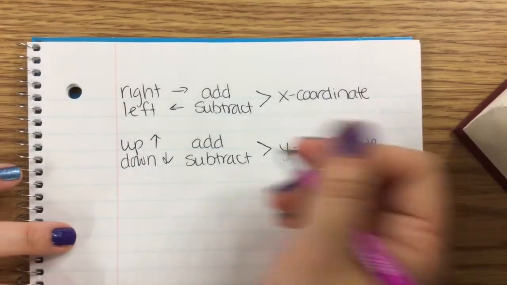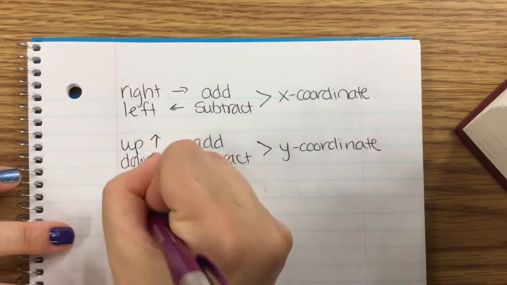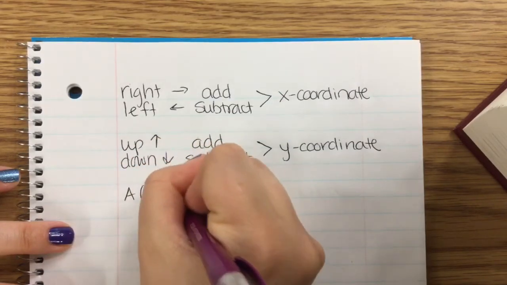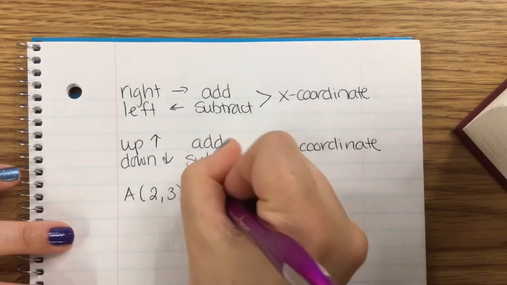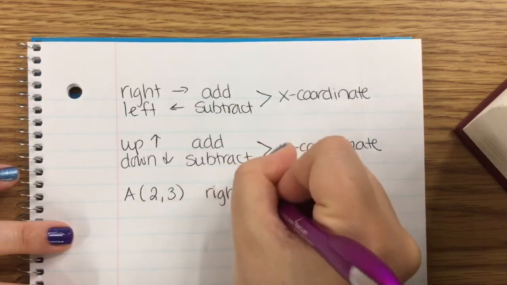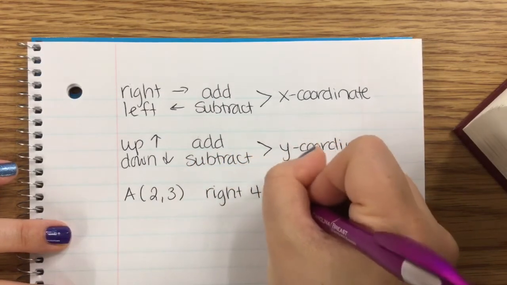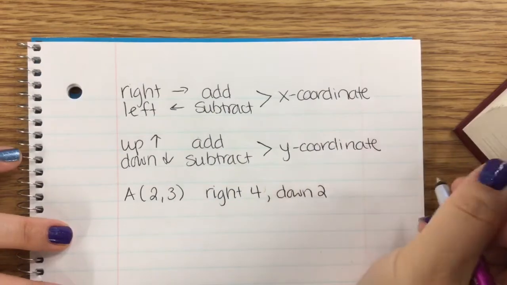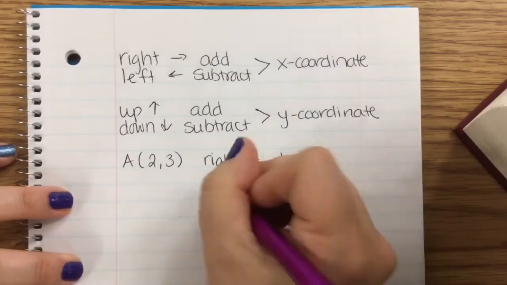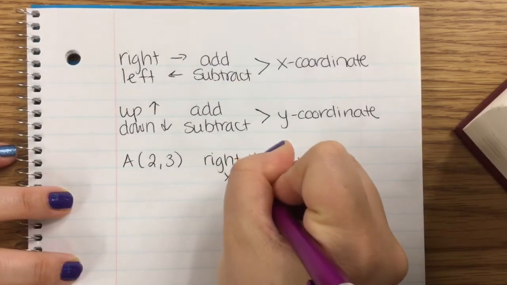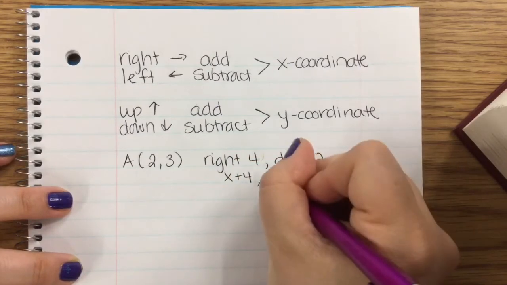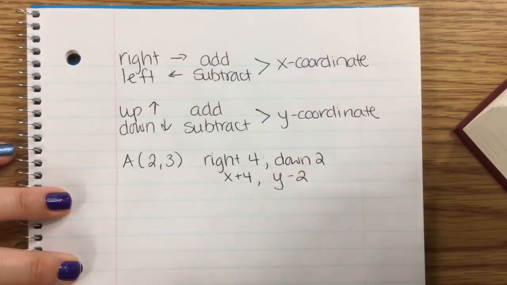Okay? So, for example, if you have the point A, 2, 3, and you're told to translate it right 4, down 2. That means you are going to take whatever the x coordinate is and add 4 to it. And you're going to take whatever the y coordinate is and subtract 2 from it.